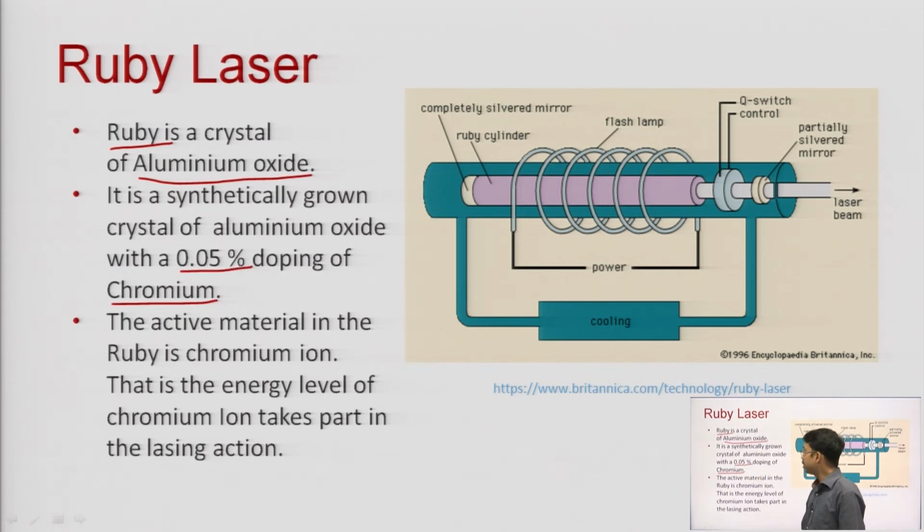The percentage of doping is 0.05%. So, 0.05% impurity of chromium is added into the crystal of aluminum oxide, and it is called ruby, and that is why the name ruby laser.